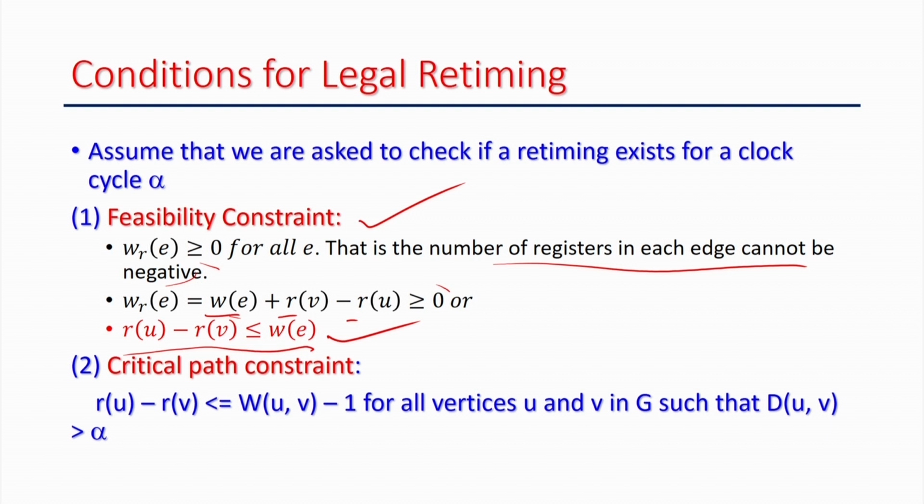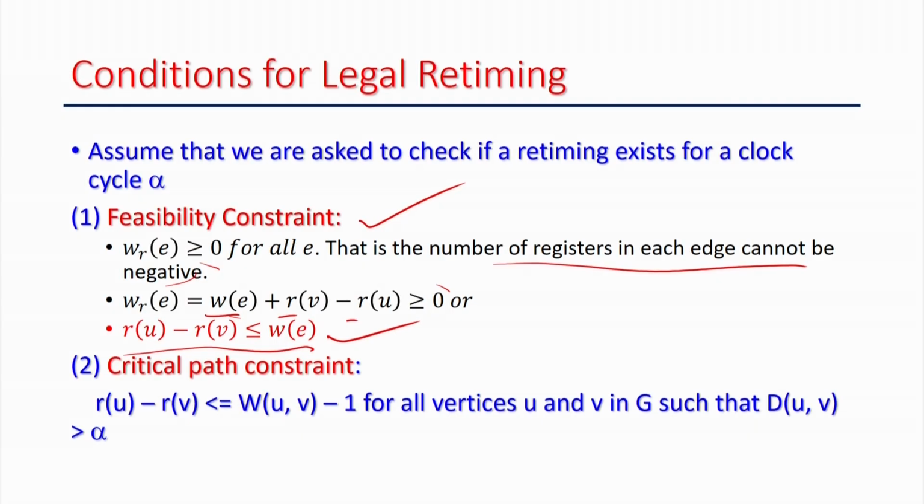So, you should not have any value of R so that your edge weight becomes negative. We are restricting the value of this variable so that we cannot have a solution which results in this. Okay. So, if you have a set of inequalities like this, it ensures that whatever solution you get does not result in some edge which has negative weight, right.